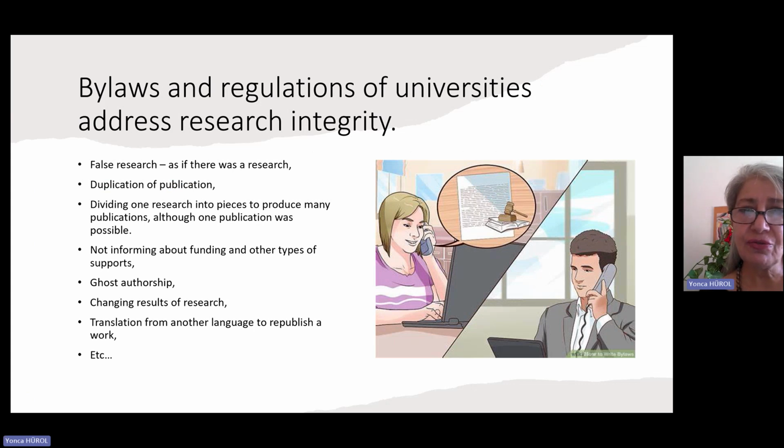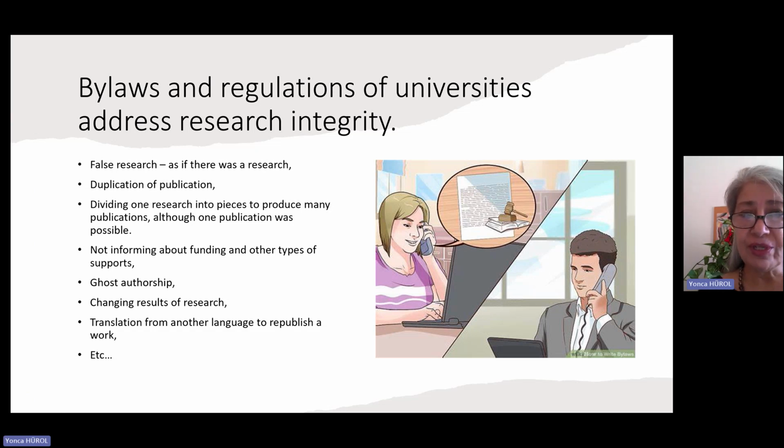Bylaws and regulations of many universities address research integrity. I may list a few things, but I think all academics should know these bylaws, read them, and follow them as well.